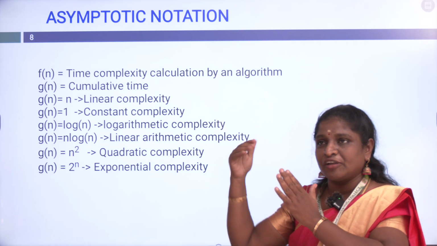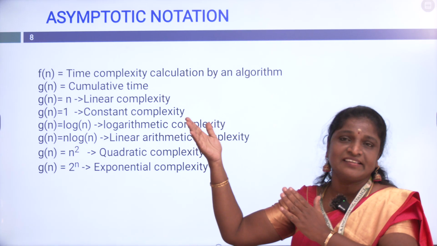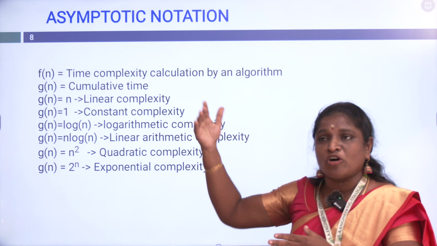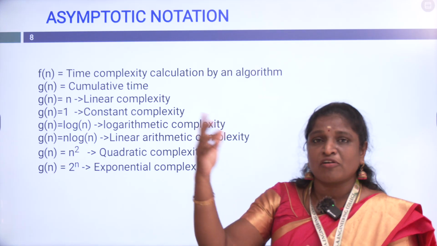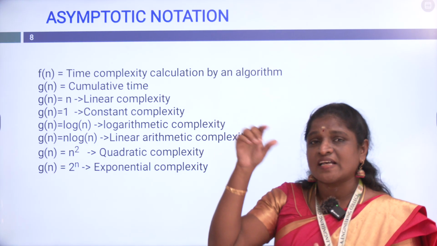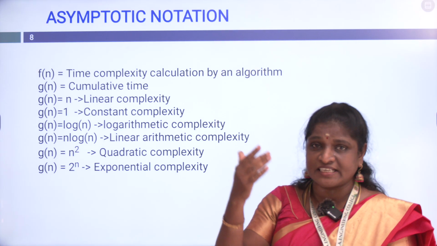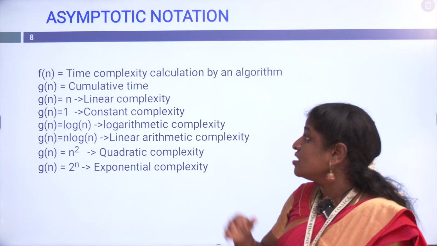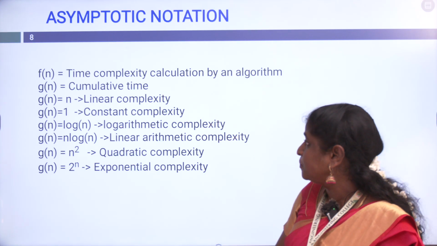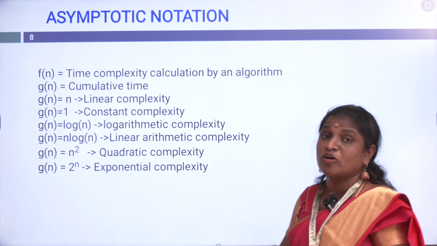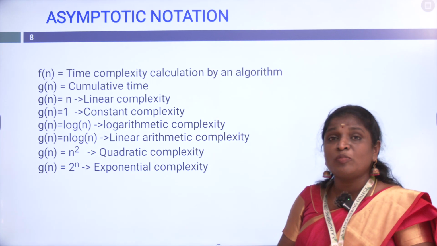If you write the algorithm for finding the sum of n numbers, we calculated the time complexity as 2n plus 3. If you solve the expression, we find that we need n. That is the time complexity of the algorithm for that particular process, and that comes under f of n. So f of n is the time complexity calculation by an algorithm, and g of n is the cumulative time.